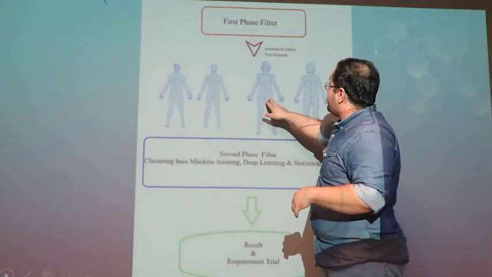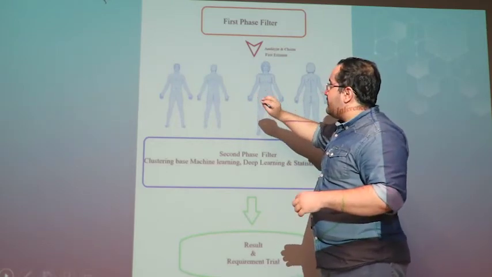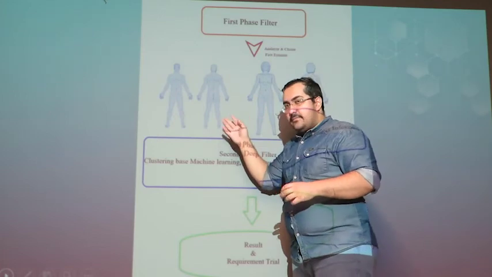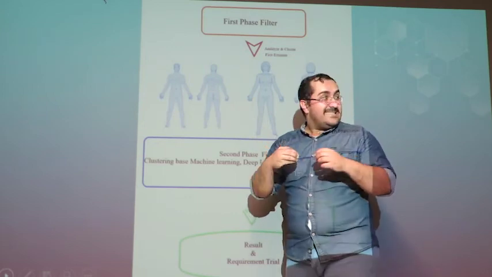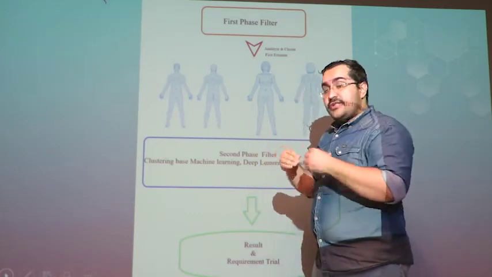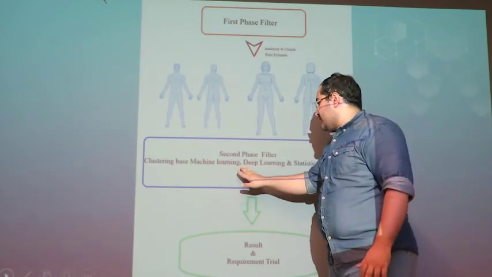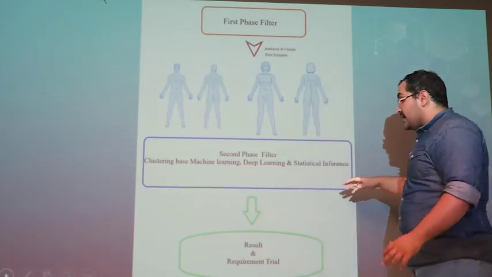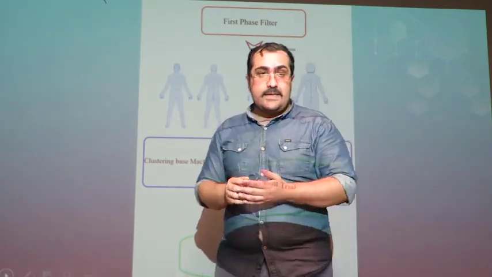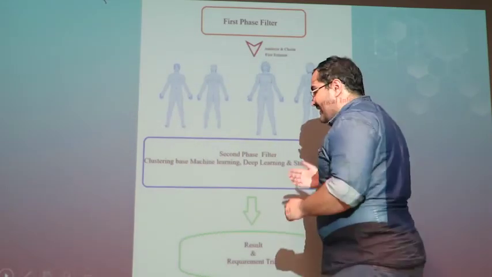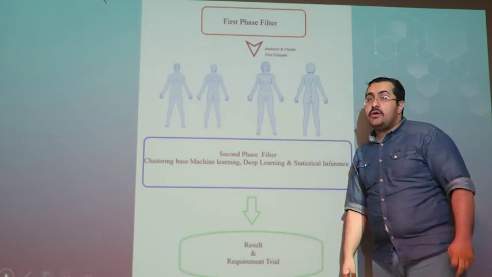After that, by choosing a different part of the human body, for example the leg, and the problem related to that, we analyze the disease and the problem more specifically. In the second phase, our machine learning algorithms, deep learning algorithms, and statistical inference analyze and choose your problem based on different types of probability and show them in a list. Again, you can see your result and the trials you need to take.